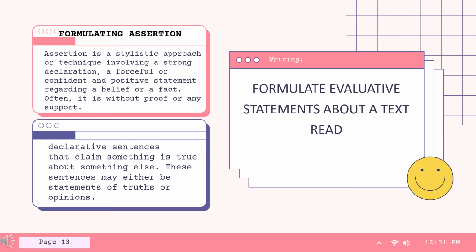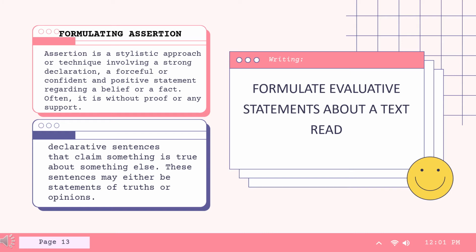There are some similarities, however, there's a big difference between claim and assertion. Okay? An assertion is typically composed of a simple declarative sentence that claims something is true about something else.